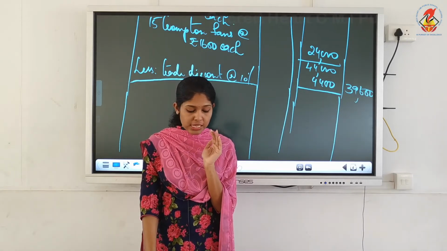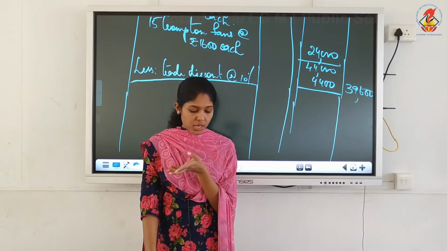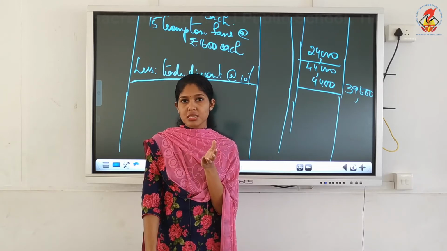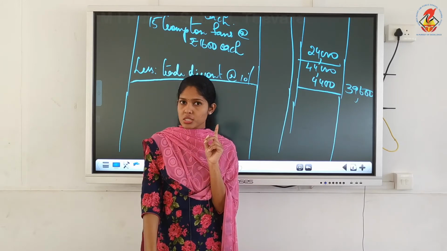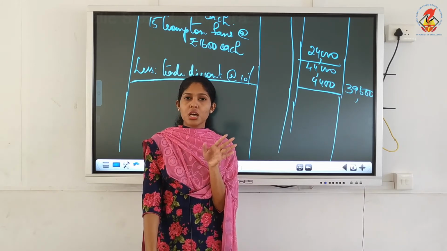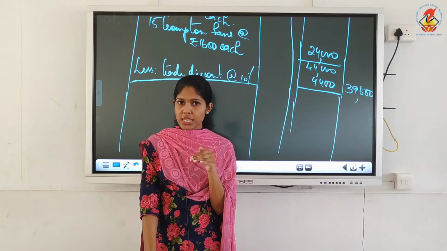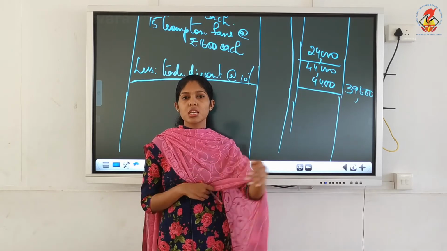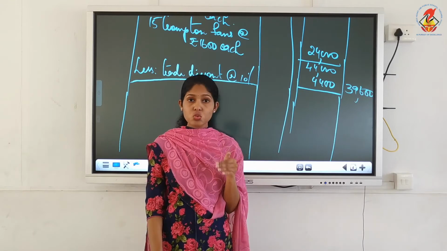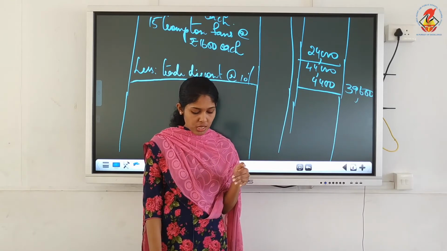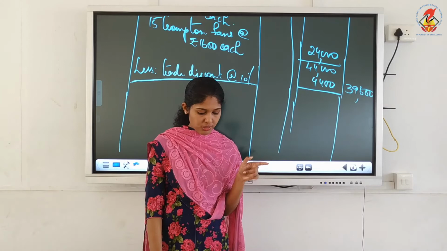Are you dealing in computers? No, yours is electrical appliances like tube lights, fans and all you have purchased. So yours is not a computer business. So laptop which you purchased is not related to your business. So you have to exclude that transaction. Understood? This is where you are going to make mistakes. So exclude that transaction. It's not related to your business.